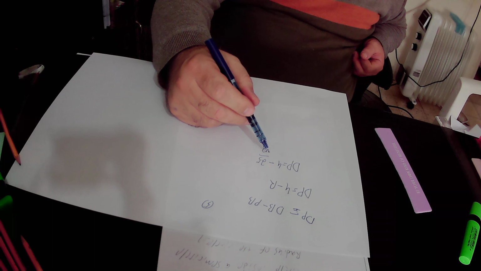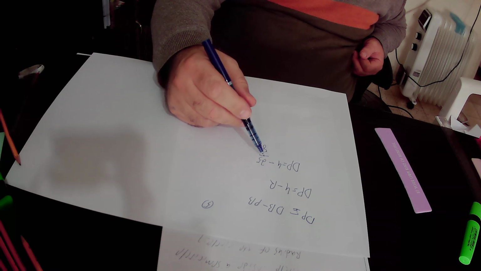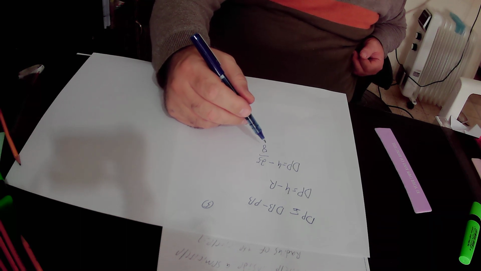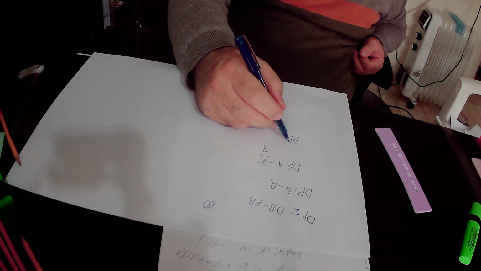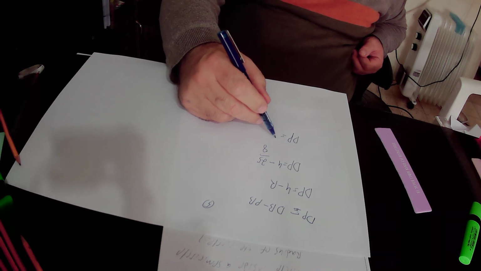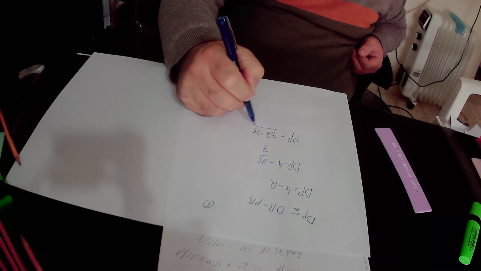Here we will multiply 4 by 8 and divide by 8 in order to have a common denominator with 25 over 8. And we get that dP equals 4 times 8, that is 32, minus 25 over 8.